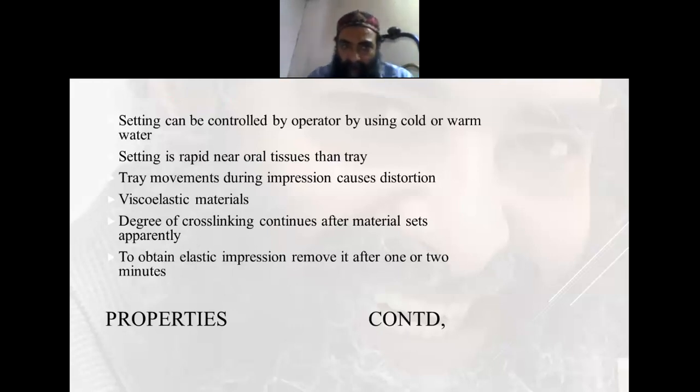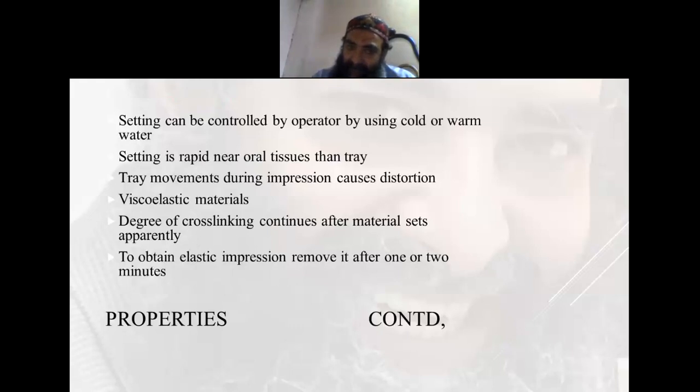If we use warm water, the setting will be rapid. Setting is rapid near oral tissues than the tray. Why? Because the tray is cool or cold and the oral tissue is warm. Simple. Tray movements during impression cause distortion, unlike agar.